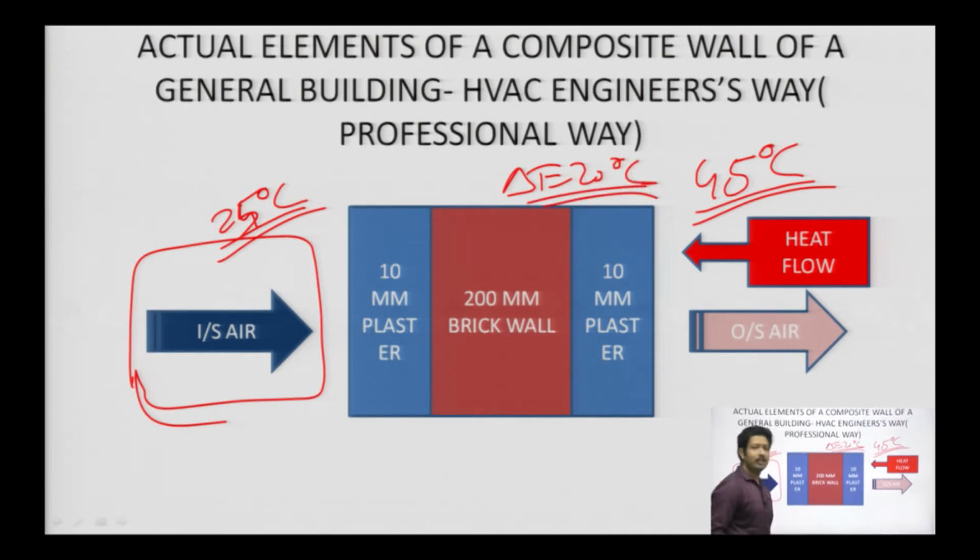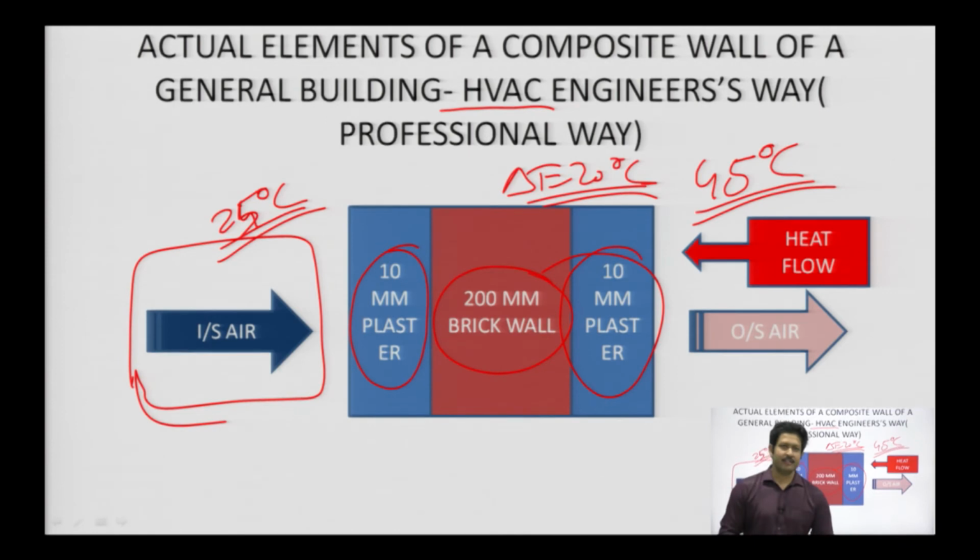It's a huge delta T. This delta T has to be overcome, this heat has to be taken out. This is what HVAC engineers do in the consultancy. So it's a brick wall, it's plaster, and till now what we have seen in the theory is that each and every element of the wall offers resistance.